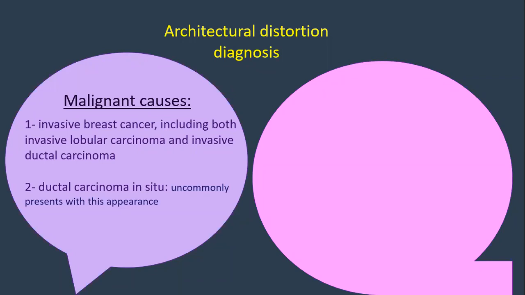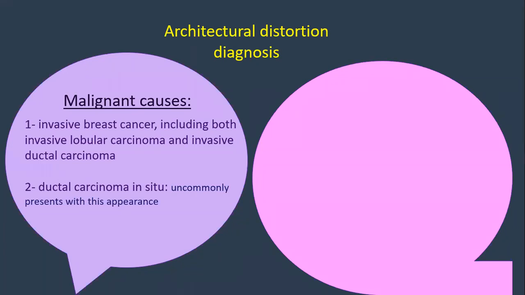Like the radial scar. Excellent. Like sclerosing adenosis. And rare benign causes, fibromatosis. Any volunteers?